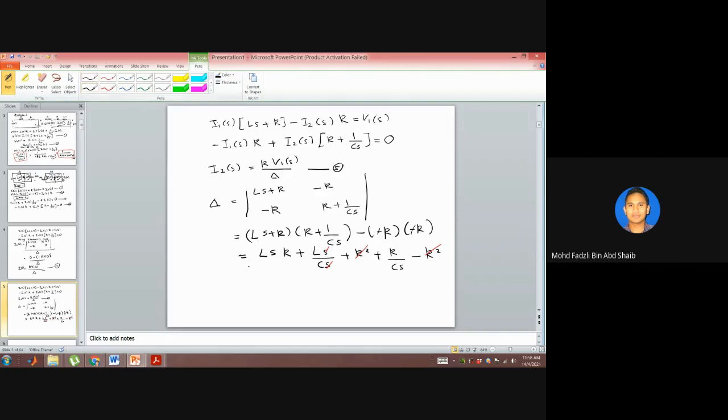So this one, LCS squared times R, because the below one must be S. So we just LC, this one go upstairs, LCS squared R plus LS, this is still S, but we have here, so LS plus R over CS.